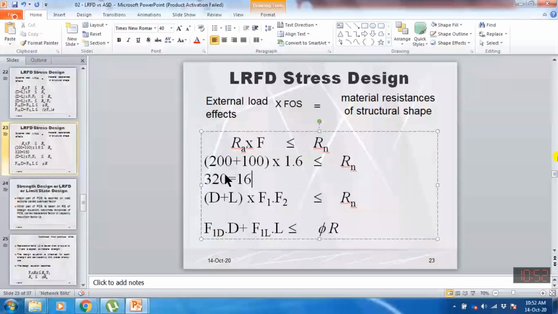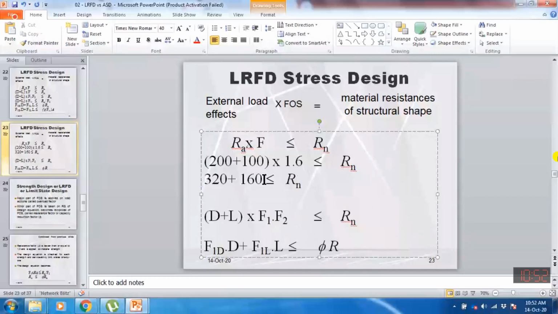And that should be less than equal to Rn. So the total answer will be 480 maybe. So total load is acting 480. So this is the equation in our ASD method. Maybe you will agree with me.